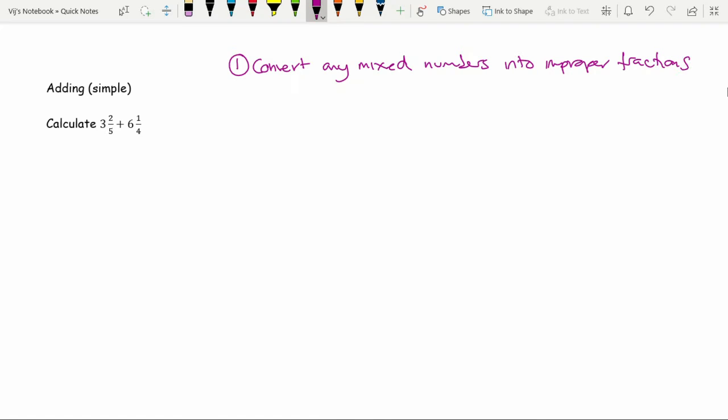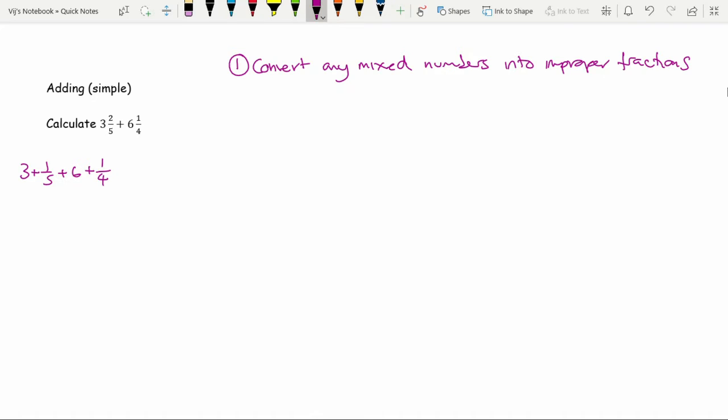Now there is a way of adding and subtracting using the face value, but I personally would say that it might be easier for you to do this. Another way of doing this is, because you're adding, you could in theory see this question like this.